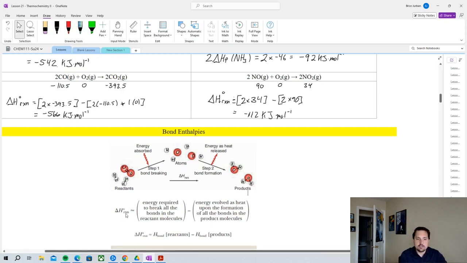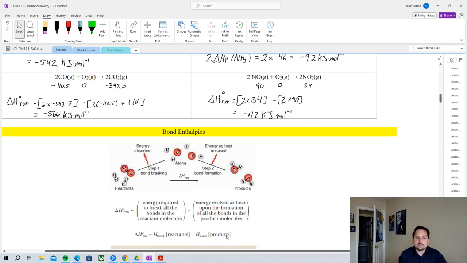Now, the delta H of a reaction can be estimated by simply adding the energy that's required to break all the bonds in the reactant molecules and subtracting from it the energy that's evolved as heat upon the formation of all the bonds in the product molecules. So the delta H of the reaction is approximated by the enthalpy of the bonds of the reactants minus the enthalpy of the bonds of the products.